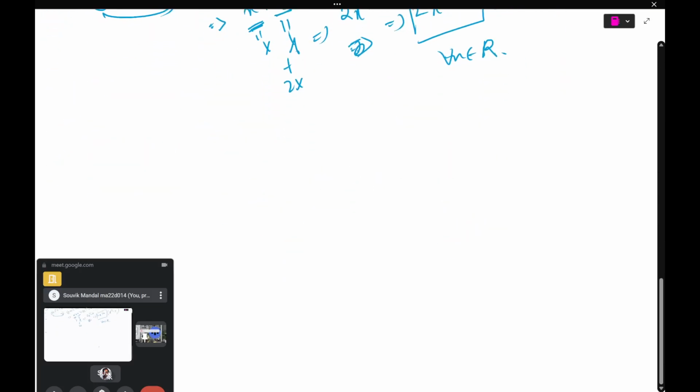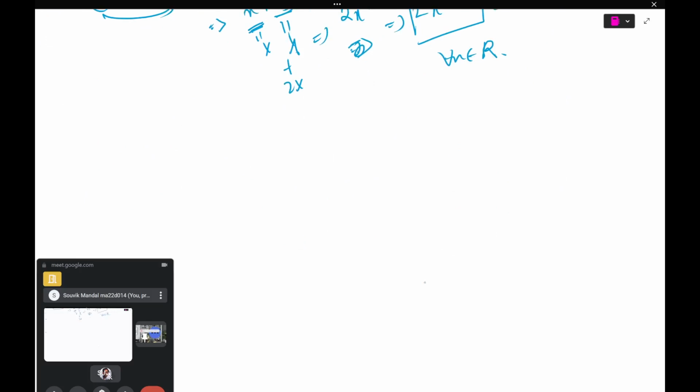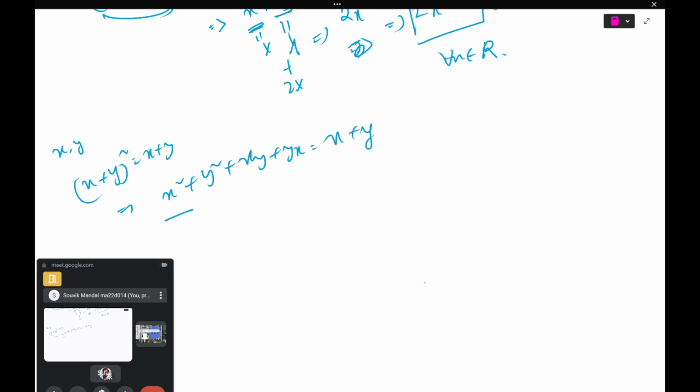Now take any two random elements x and y. Then x plus y whole square equal to x plus y by the definition of Boolean. This implies x square plus y square plus xy plus yx equal to x plus y. Since x square equal to x and y square equal to y, this implies xy plus yx equal to 0.